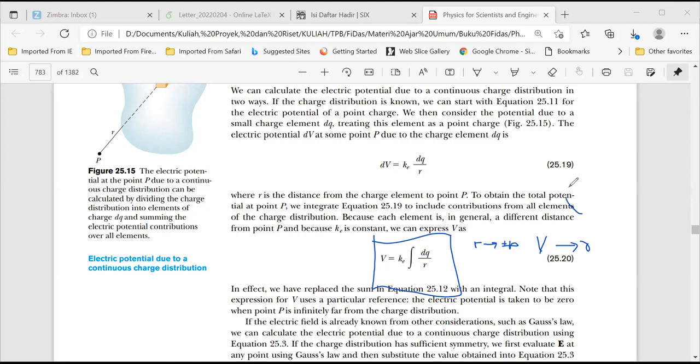So the form 25.20 is for the case where, if we take r to be infinity, then the potential should vanish. Okay, that's the condition.